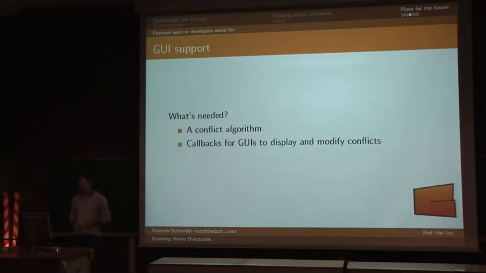Then some users have requested if it would be possible to integrate GUI support. For this, I want to create a conflict algorithm. If you want to solve a conflict, there is one possibility, which is the merge algorithm, to always use the latest file, and the correct solution would be to ask the user what he wants to do, and for this you need a GUI application.